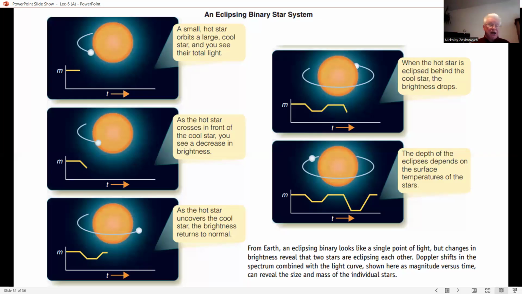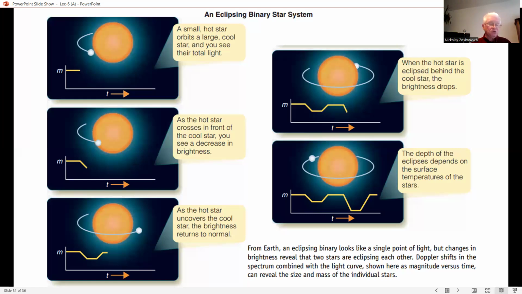If you saw such a light curve, you would immediately recognize the point of light in the sky as an eclipsing binary system. The light curves of eclipsing binary systems contain a tremendous amount of information, but the curves can be difficult to analyze.